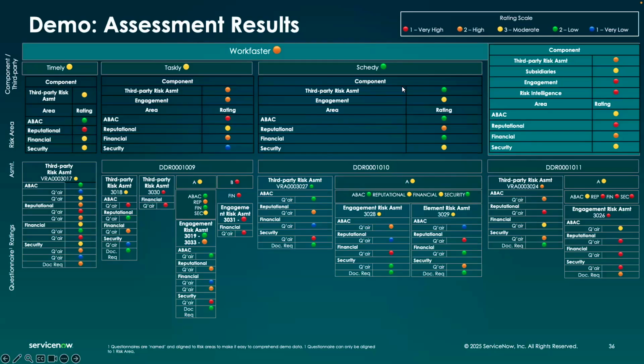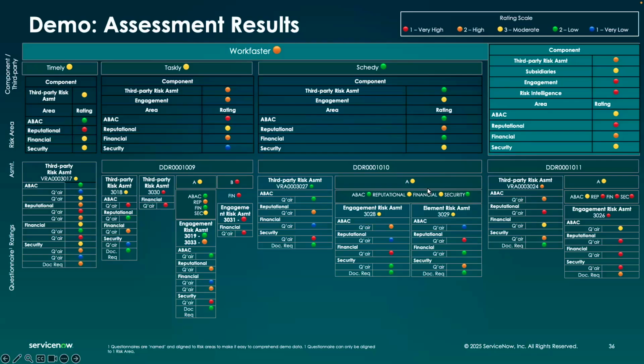Now, looking at Skiddy, Skiddy has third party risk assessment and engagement as well. So it has one third party risk assessment and one engagement. Now, the engagements themselves are broken down into several different components, which are your engagement components, right?